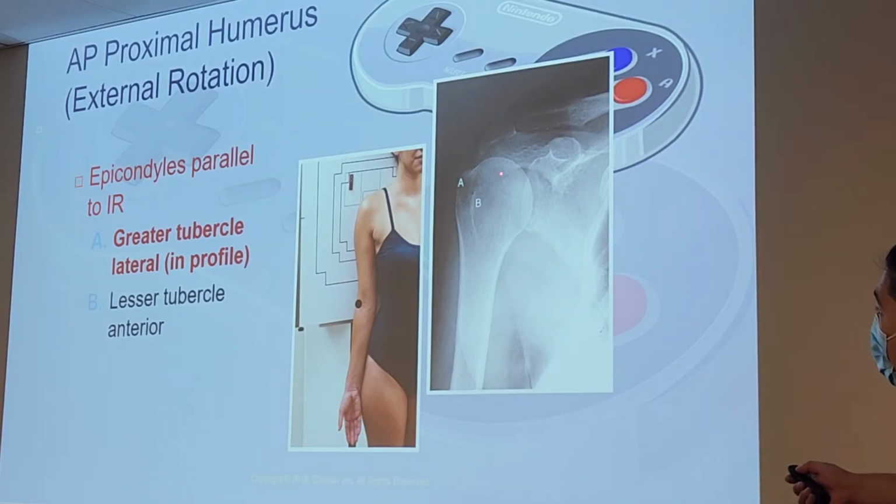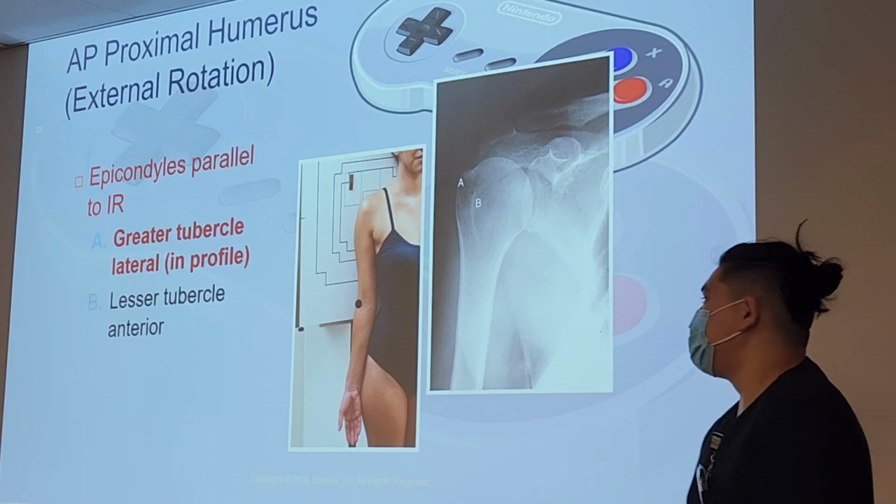As you can see in this image, the greater tubercle is going to be identified by A. B, does anybody have an idea of what that would be? Lesser. That's the lesser tubercle, which is superimposed on the humeral head there.